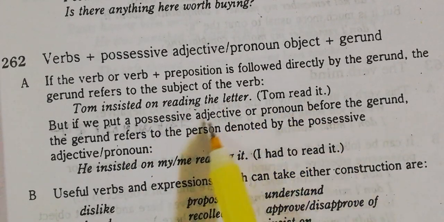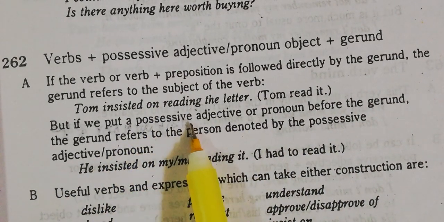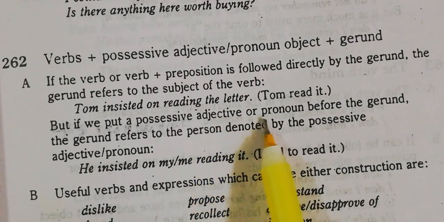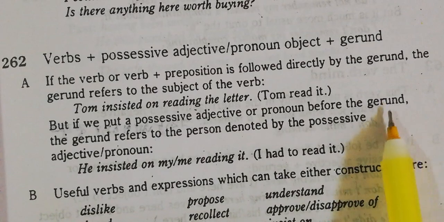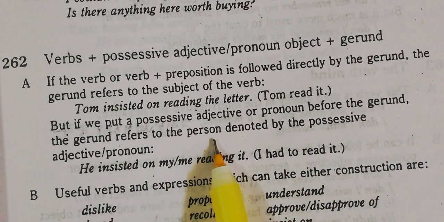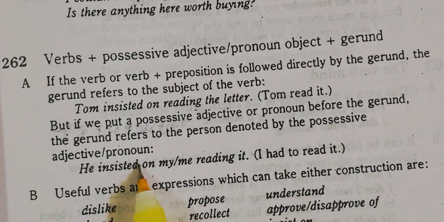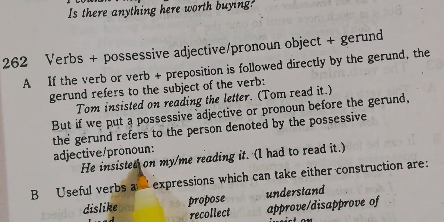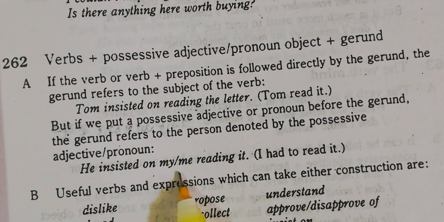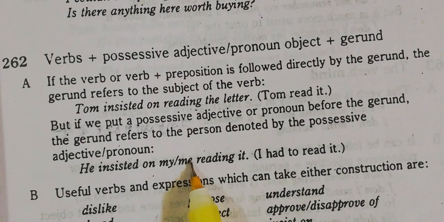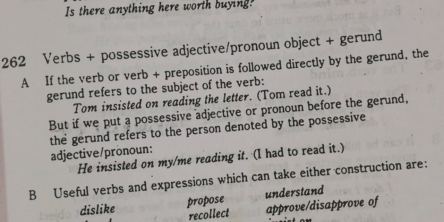That means Tom read it. But if we put a possessive adjective or pronoun before the gerund, it refers to the person denoted by the possessive adjective or pronoun. He insisted on me reading it. That is, I had to read it.